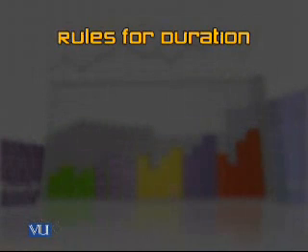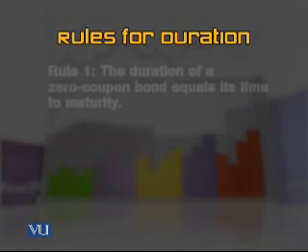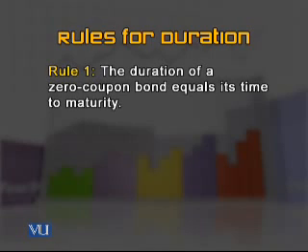Now, there are rules for duration. In understanding durations, you also have to understand that there are certain rules, principles, or set standards for duration. One of them is that the duration of a zero coupon bond equals its time to maturity.